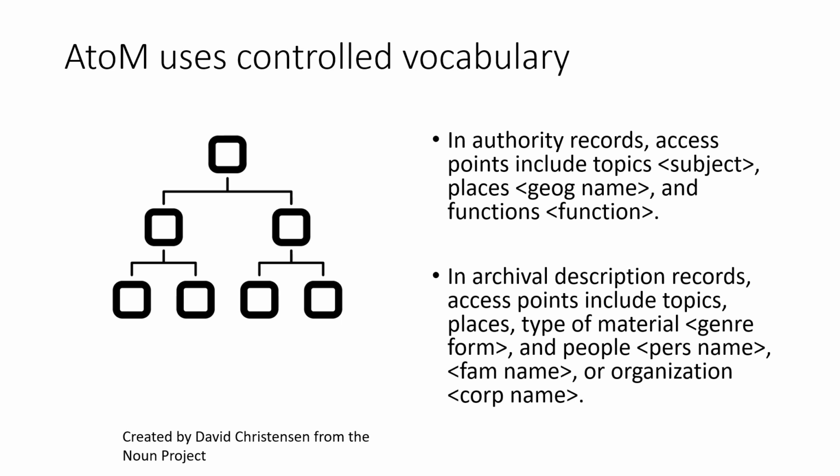AtoM comes preloaded with taxonomies, and most terms can be edited or deleted, and you can add new terms. In authority records, access points include subject, place, and occupation. In archival description records, access points include subject, place, genre, and name.